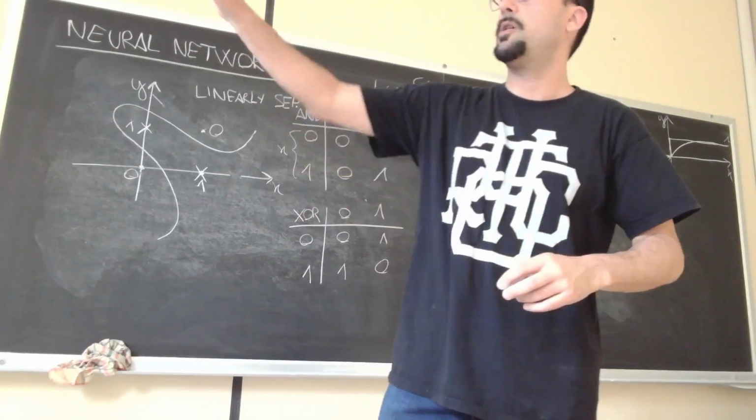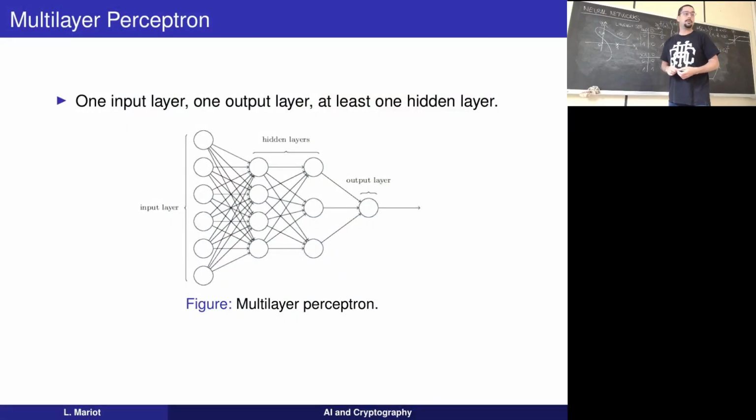So this is the reason why we move to multi-layer perceptrons. In multi-layer perceptrons, instead of having a single artificial neuron, we have many of them, and they are arranged in layers. You see here on the slides, you have an input layer, then a sequence of hidden layers, and finally you have an output layer.